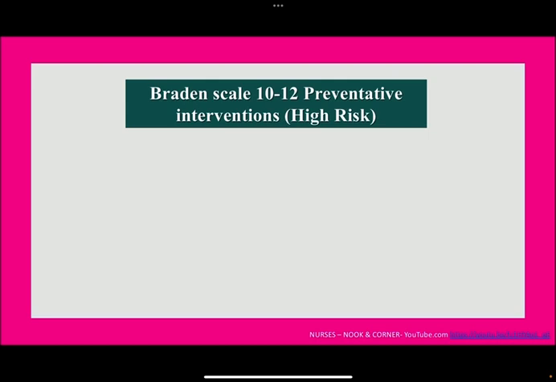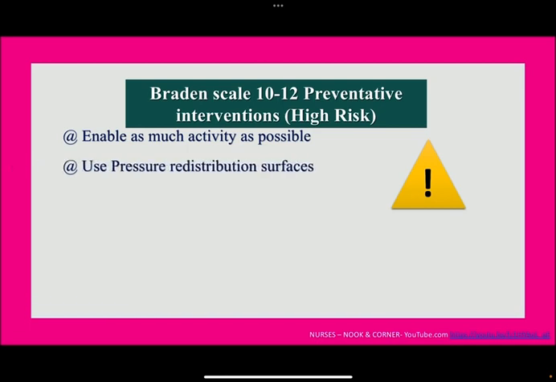Also, if the patient's Braden score is from 10 to 12, the patient is at high risk, so enable as much activity as possible, use pressure distribution surfaces, and manage moisture, friction, and shear.